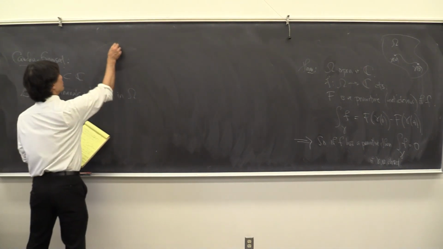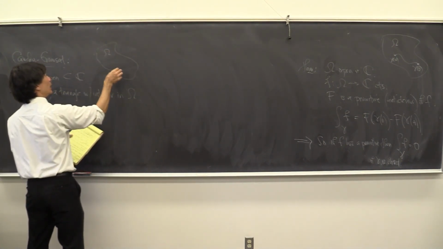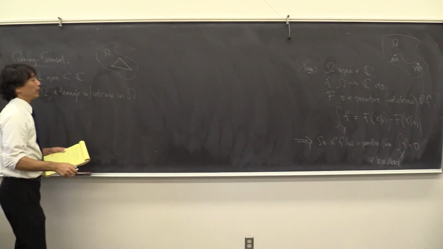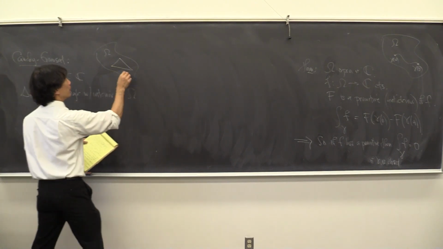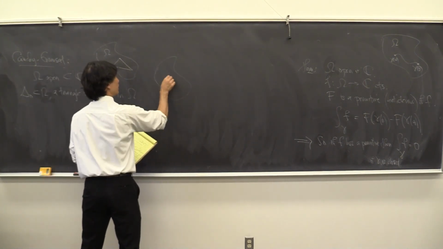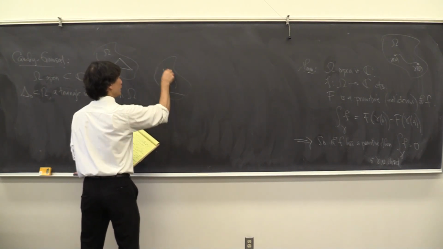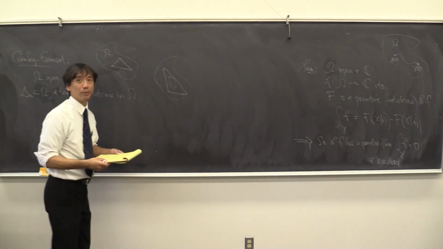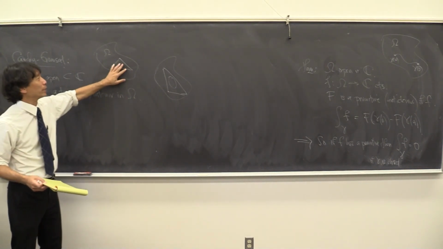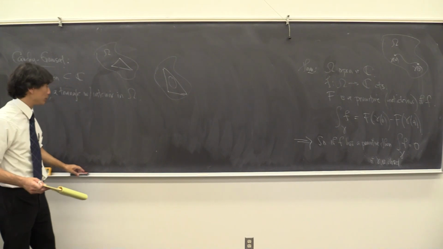So you have some open set omega, and then you have some triangle inside there. And there's no hole. Omega isn't a set with a hole where the triangle goes around the hole. You want to avoid that sort of thing. There's no hole of omega that lies inside the triangle.